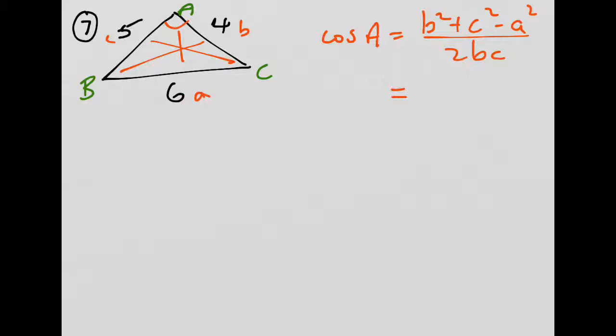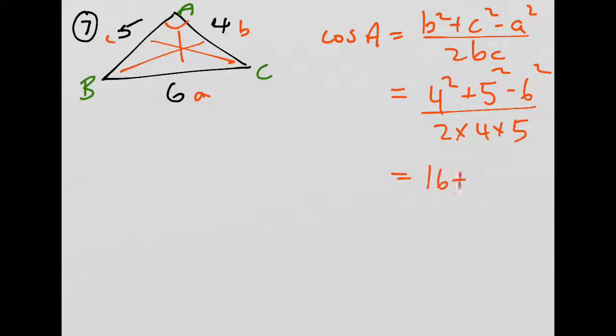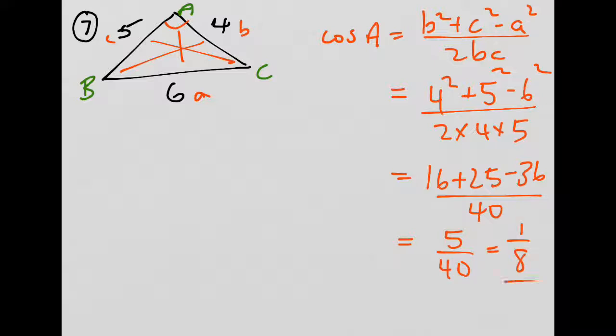So b squared, 4 squared, plus 5 squared, minus 6 squared, all over 2 times 4 times 5. 16, add 25, minus 36, over 40. 16 and 25 is 41. 41 take away 36 is 5. And 5 over 40 just simplifies to the answer that you're looking for.